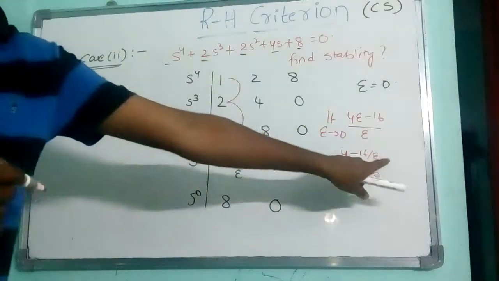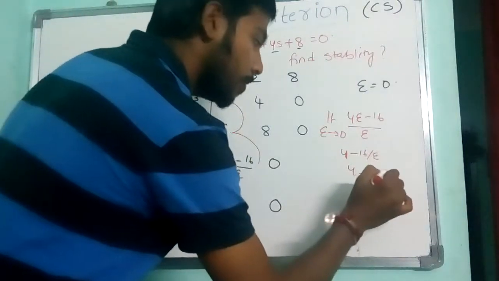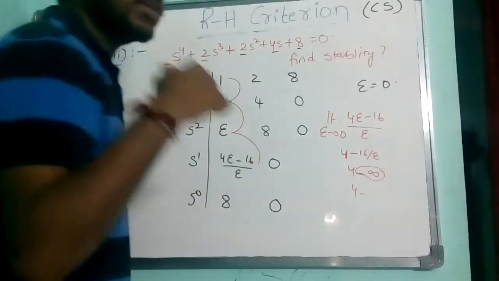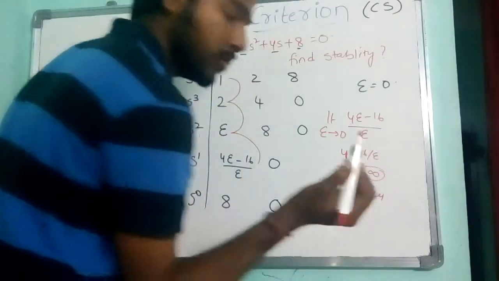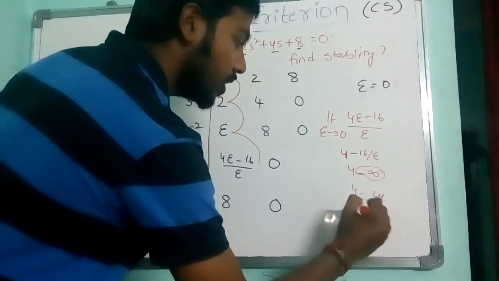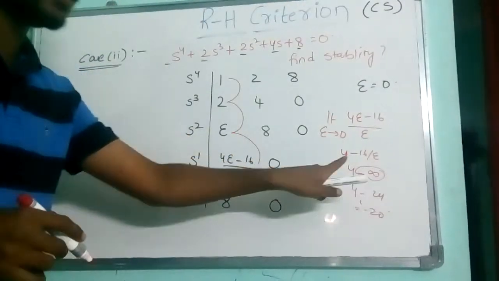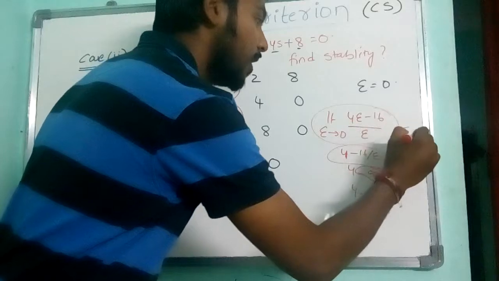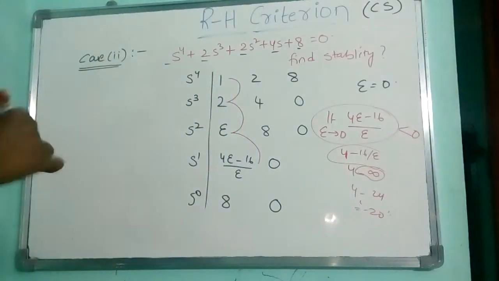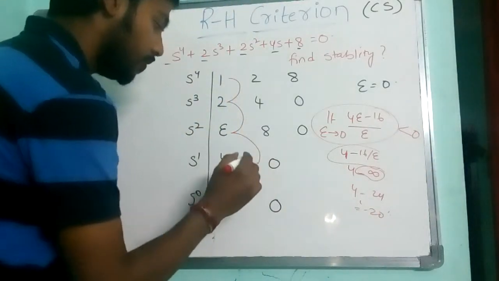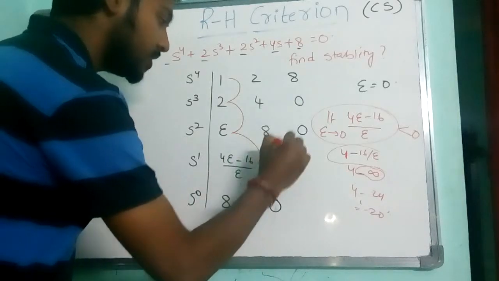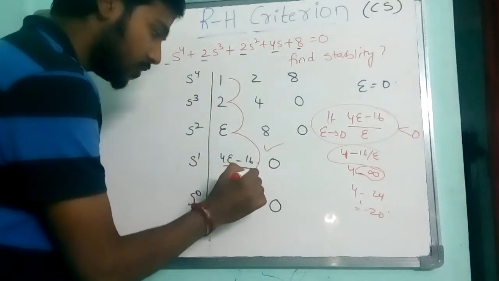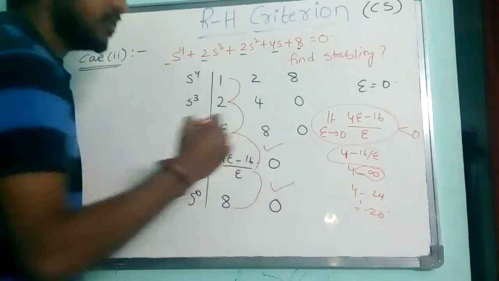Minus infinity is a very large number, it will be some minus 24 or minus 20, whatever it might be. This infinity is greater than 4, so this value will always be less than 0. It gives a negative number. So there is one sign change here. If it is negative, then next it is positive. Another sign change here.